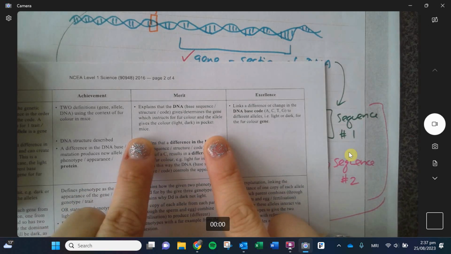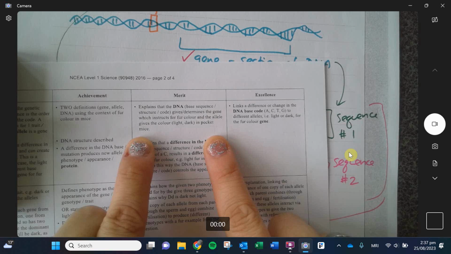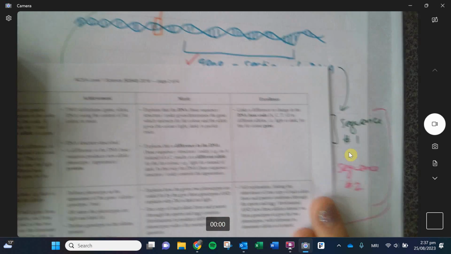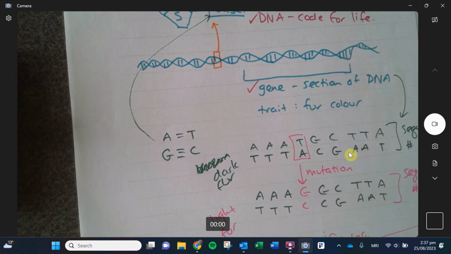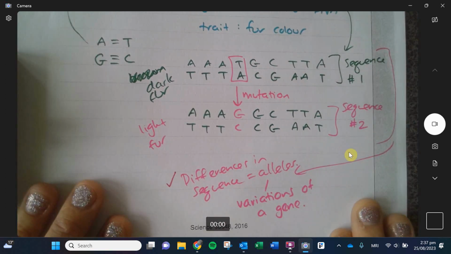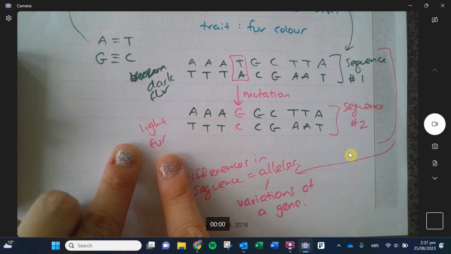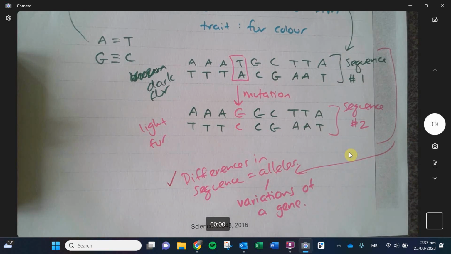What we're looking for for the merit then is an explanation about how the DNA gives a new instruction. So what we're talking about then in this case is that if my DNA sequence changes, then that's going to give a different instruction, make a different protein, and my hair color will be different.